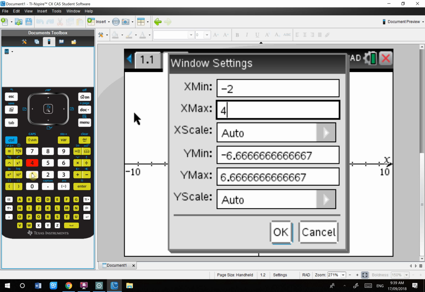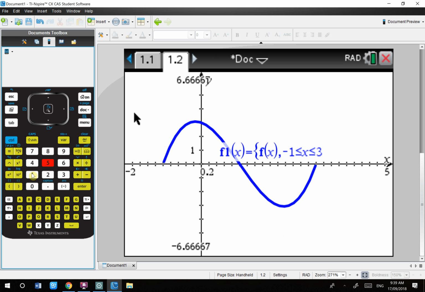And I need a 4, 5 here, just to make sure it looks better. This page fits better. In this case you don't need to, but if you have a graph which is out of the page already, you need to adjust that to make it visible to you. So the graph looks like this.